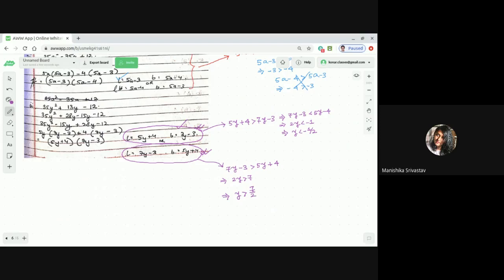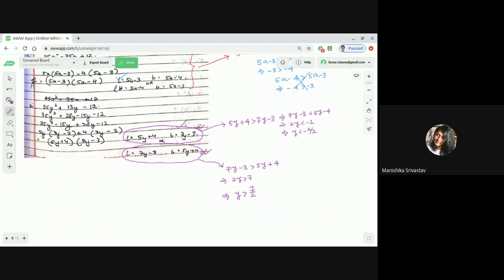Can you explain the previous one, where 5y plus 4 is greater than 7y minus 3? So you conclude that either 5y plus 4 is length and 7y minus 3 is breadth, or 7y minus 3 is length and 5y plus 4 is breadth.